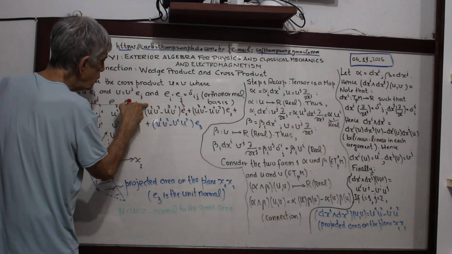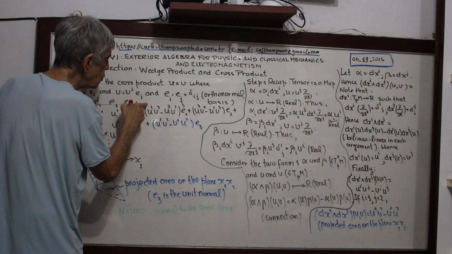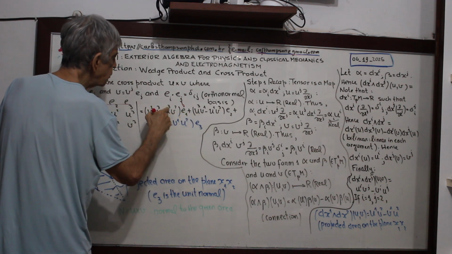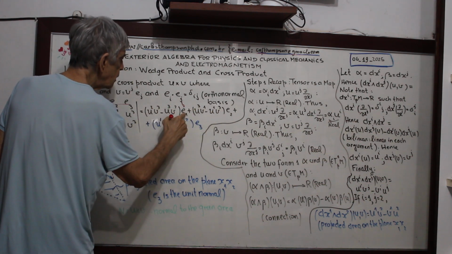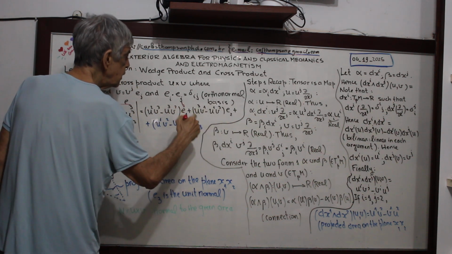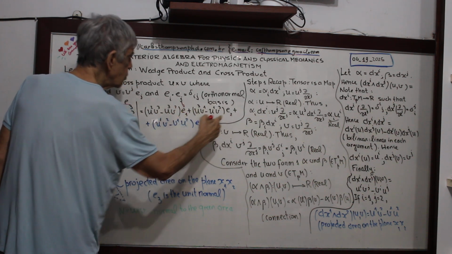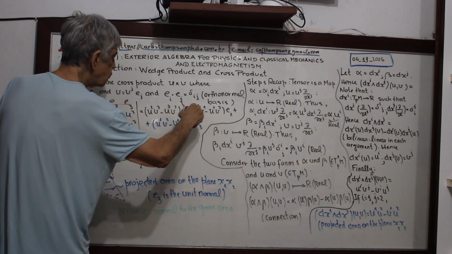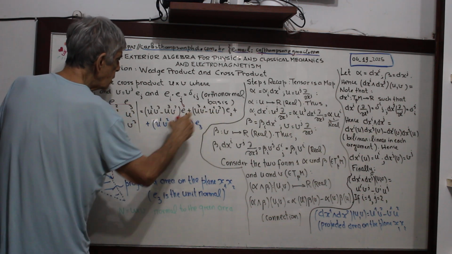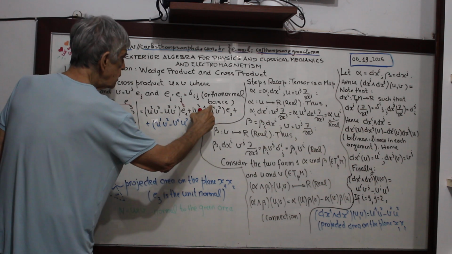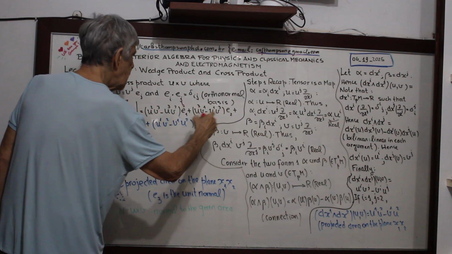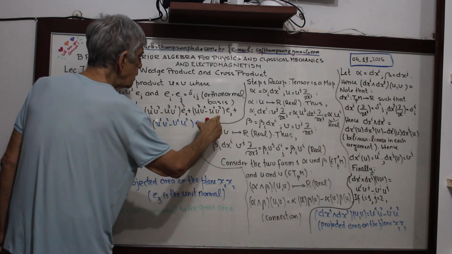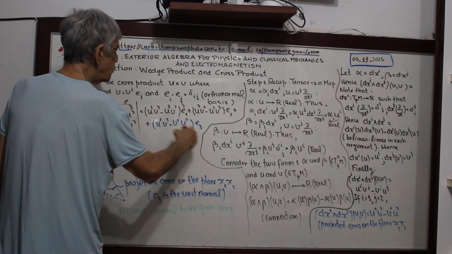After U2 comes U3, after V3 comes V1, so U3 V1 minus U1 V3 for e2. Again you rotate: 3 becomes 1, 1 becomes 2, so U1 V2 minus U2 V1 for e3.